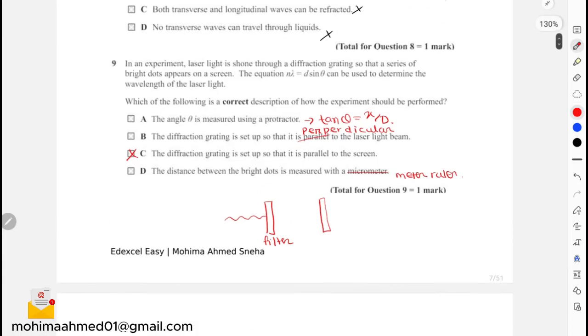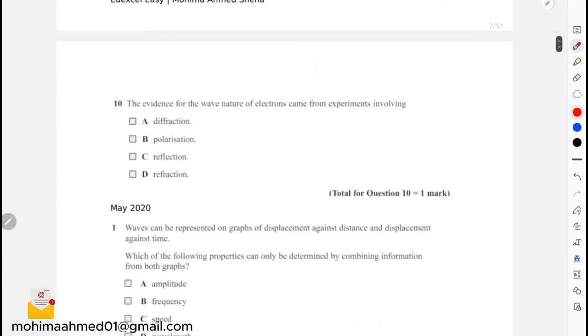Okay. Now, after this, we'll move on to the next question. The evidence of the wave nature of electrons comes from experiments involving diffraction, polarization, reflection, and refraction.